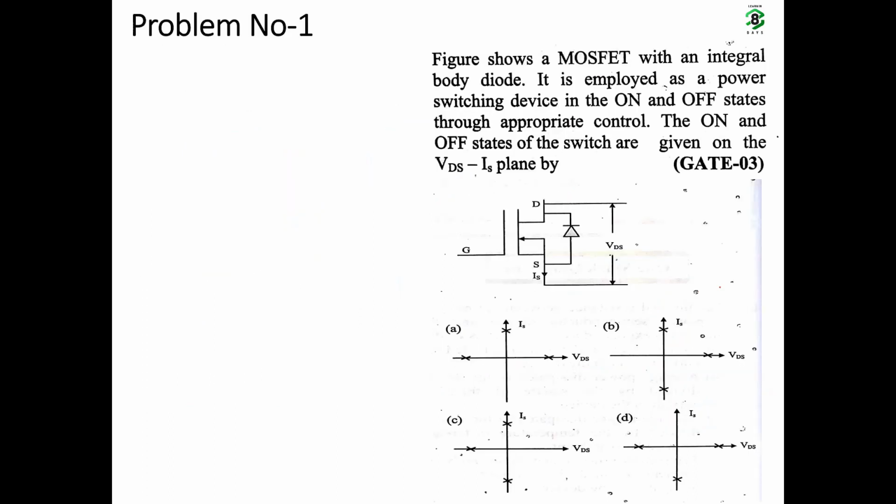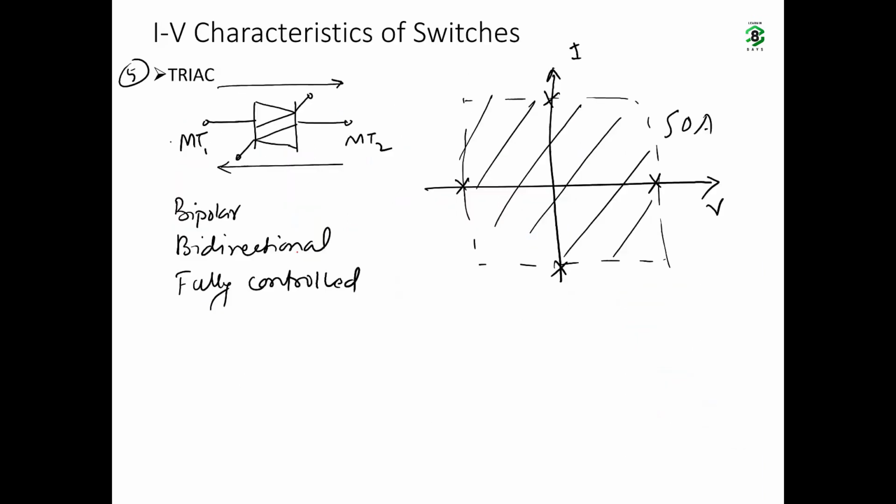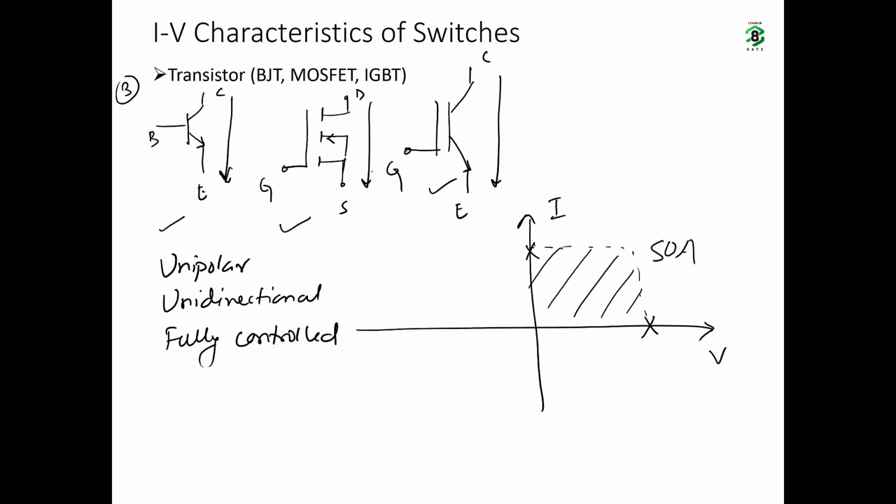Now we will see some previous year GATE questions. This question was asked in GATE 2003. It says: the figure shows a MOSFET with an integral body diode. See, only if the question mentions that a body diode or anti-parallel diode is present do you consider its importance. In the MOSFET and IGBT discussed earlier, we didn't consider any body diode, so we didn't take its importance.